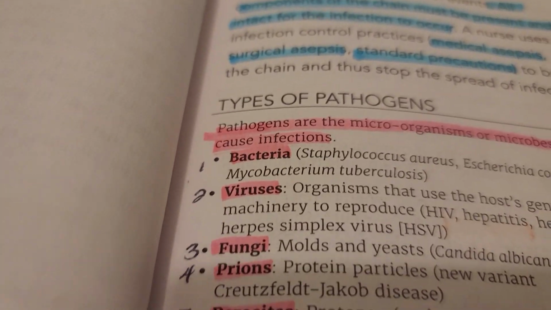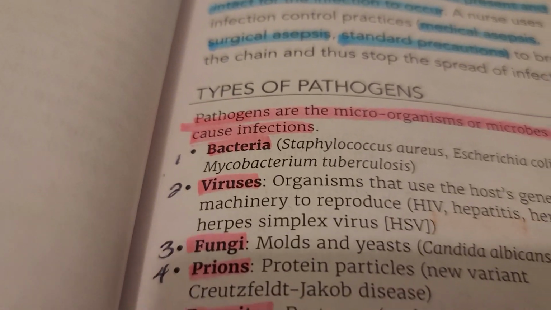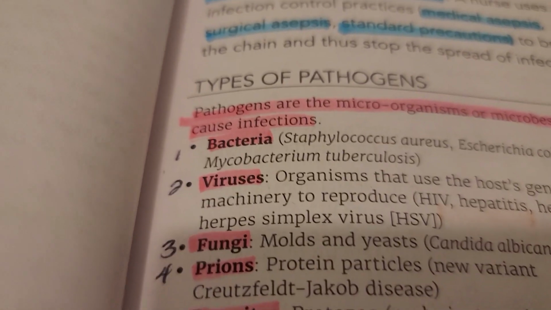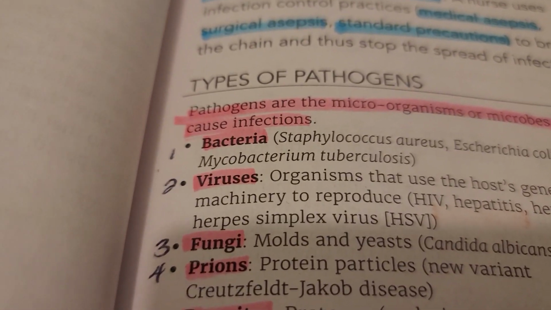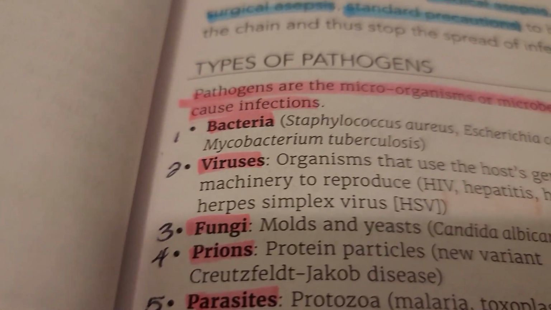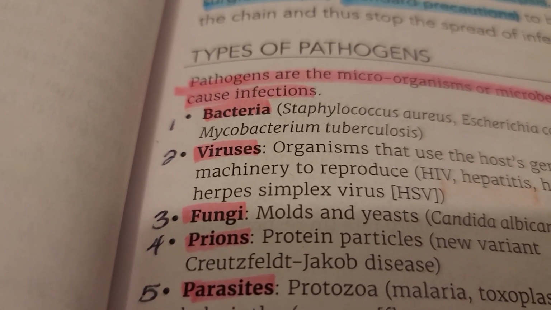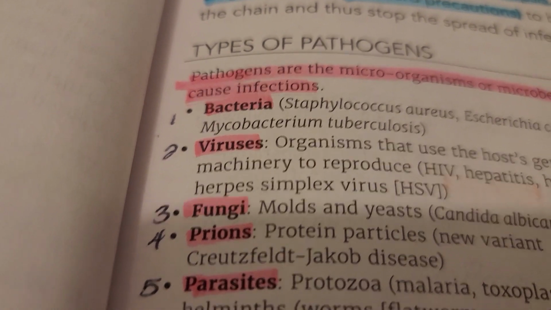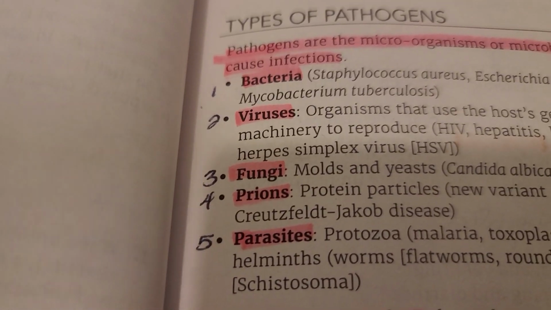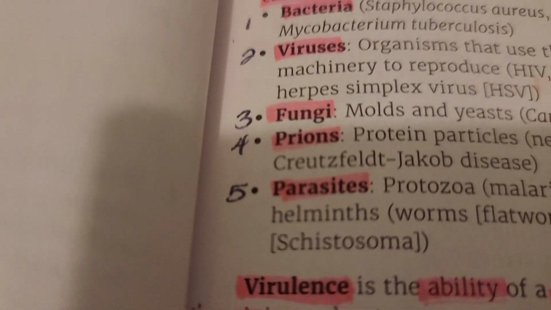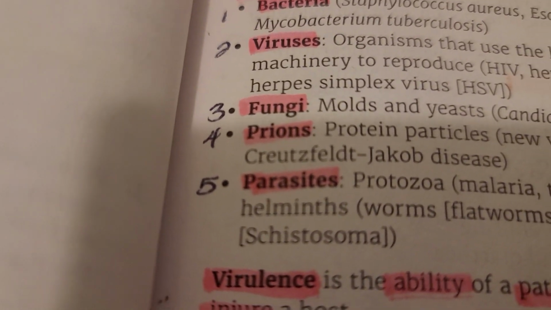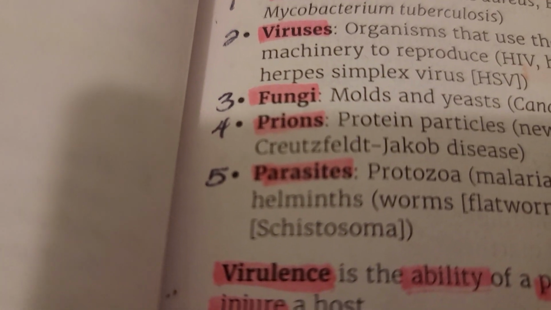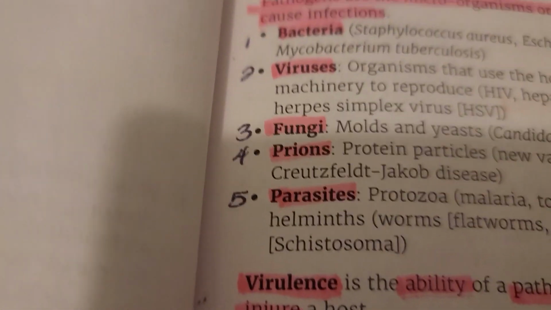Causative agent, reservoir, portal of entry, portal of exit, mode of transmission, susceptible host with broken skin or immunocompromised. I had to do a little research on that, because reservoir and susceptible host, I was like, what is the difference?